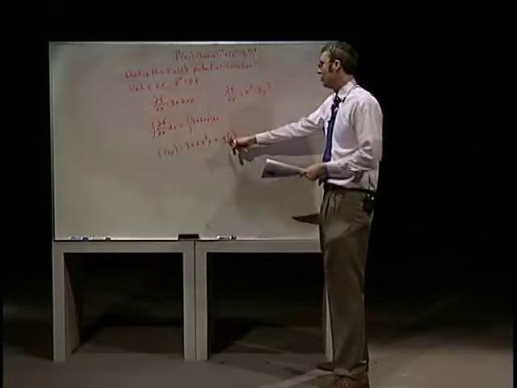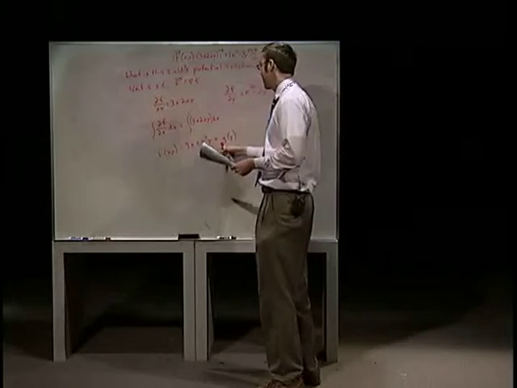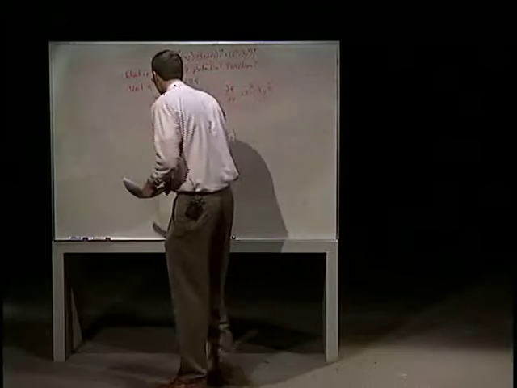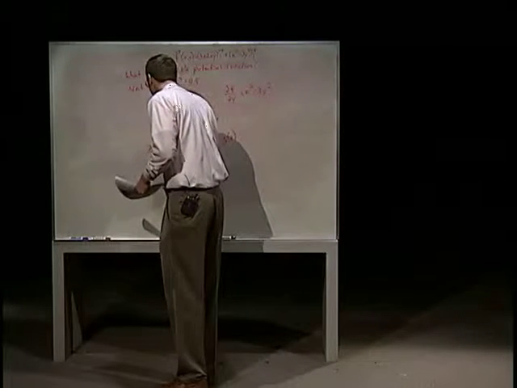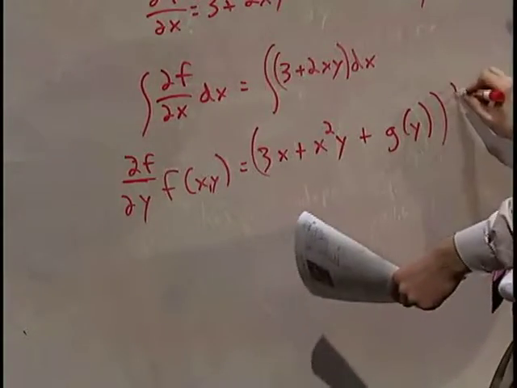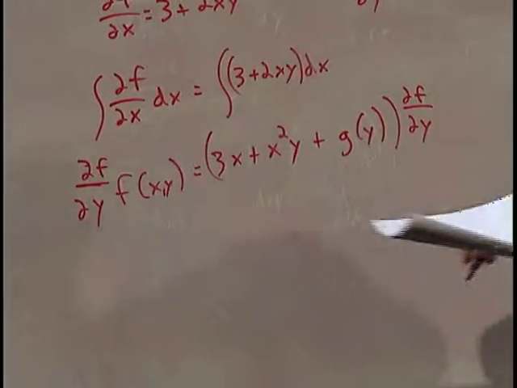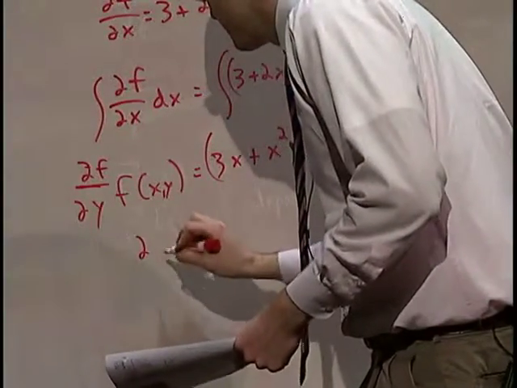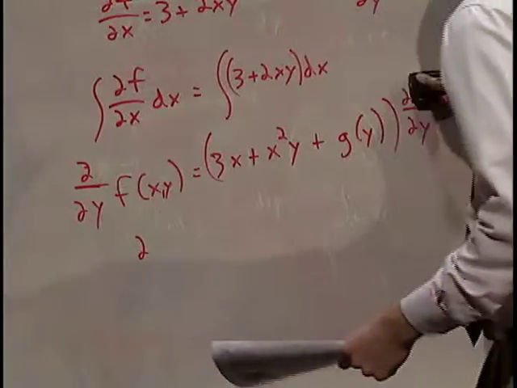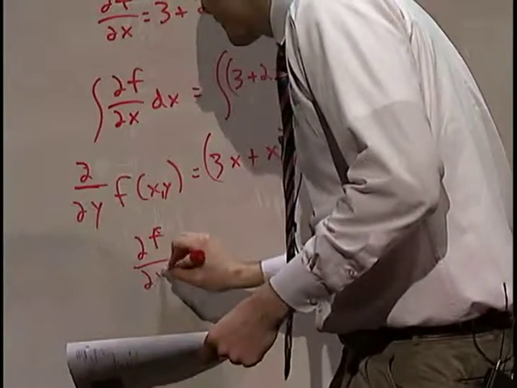So the question is, what is g of y? Well, let's differentiate both sides of this equation with respect to y, right? So we're going to take partial f partial y of both sides here. On the left side, we get partial f partial y, right?